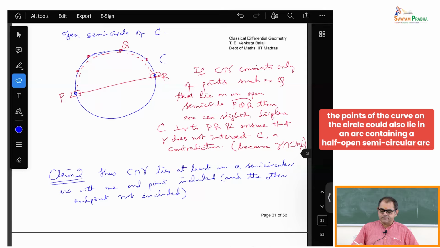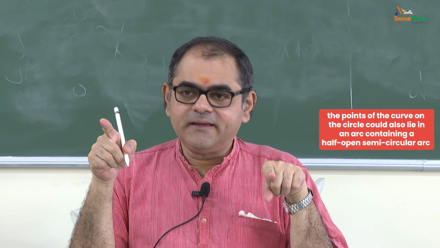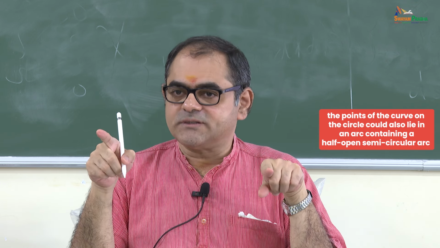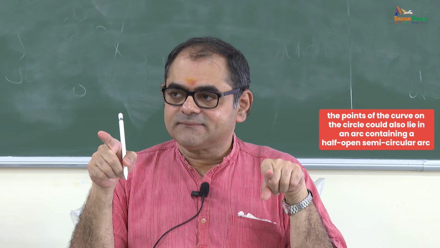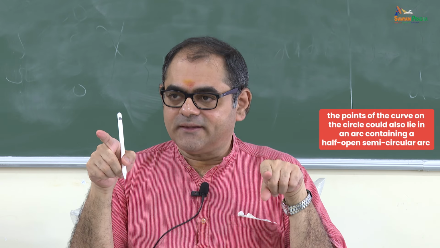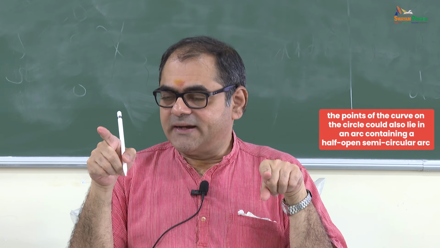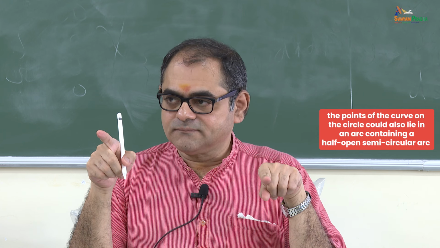And in this extreme case, look at this extreme case, that the intersection of C and gamma lie in a half open half closed semicircular arc, okay.